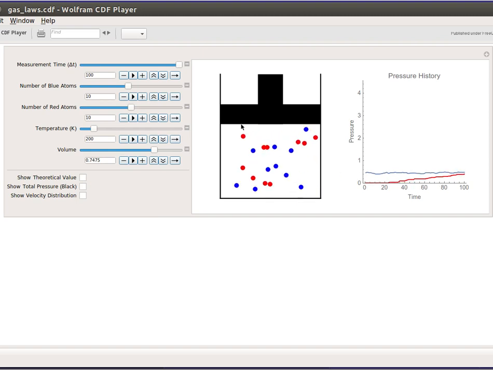Again, we're taking that full average of all these little molecular events. And we'll notice there's 10 blue and 10 red. And so as a result, the pressure from each one of these is hovering right about the same value. Okay? Now, if we click down here to look at that total pressure, right?